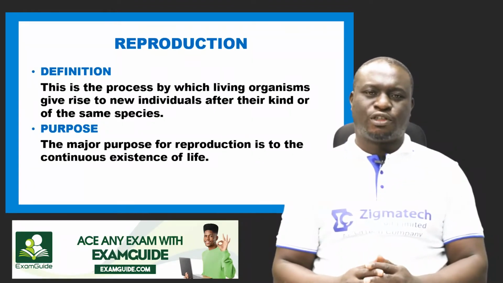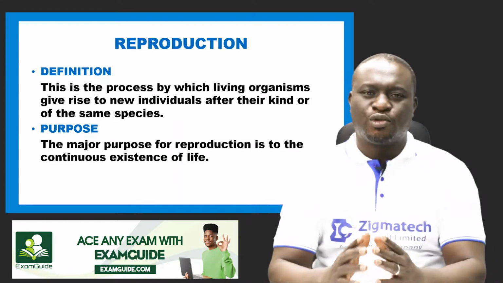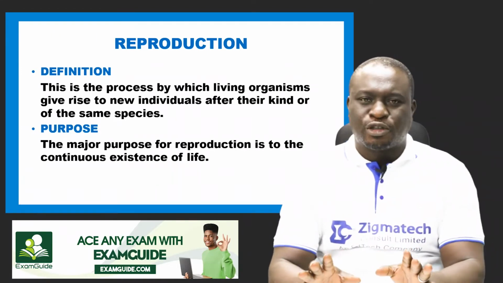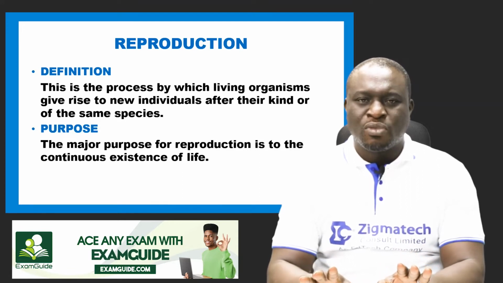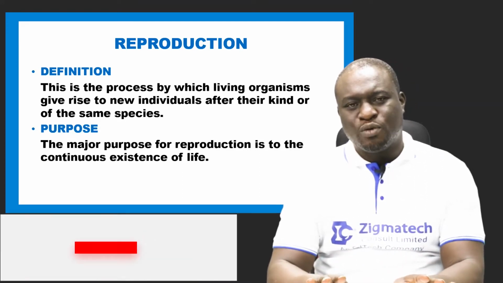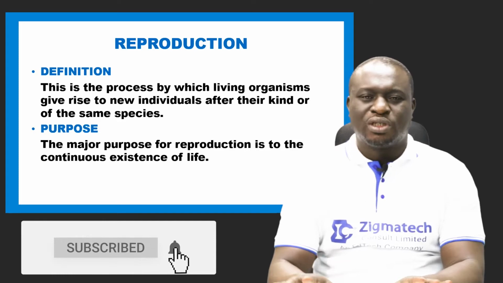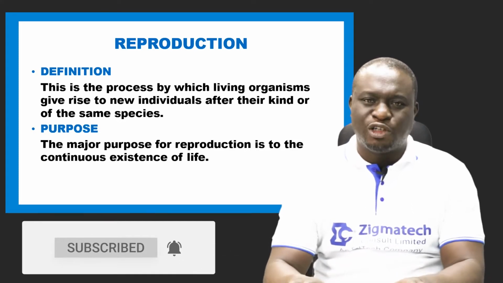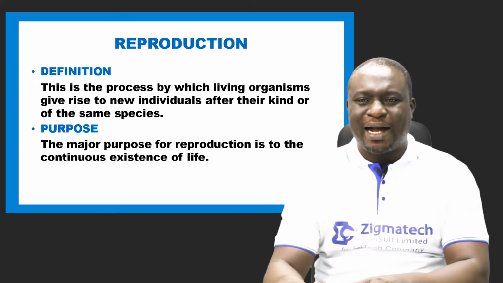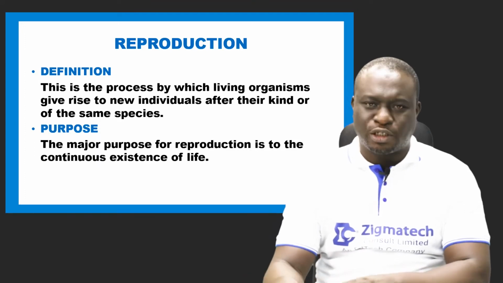Definition of reproduction. What is reproduction? Reproduction can simply be defined as the process by which living organisms give rise to new individuals after their kind, or of the same species.